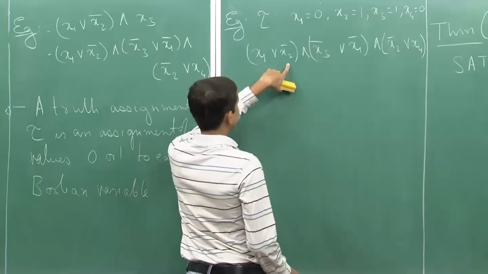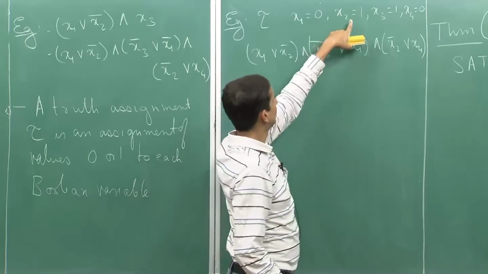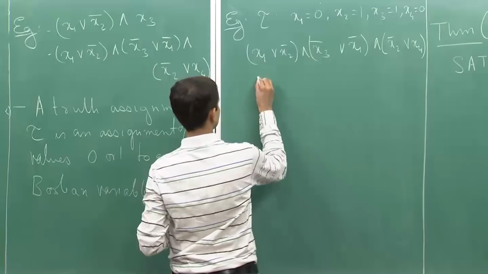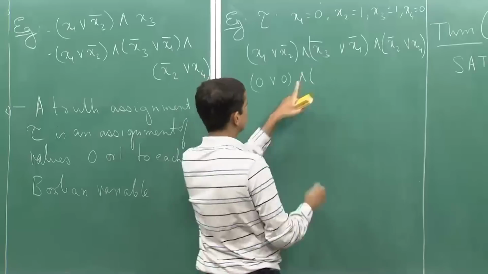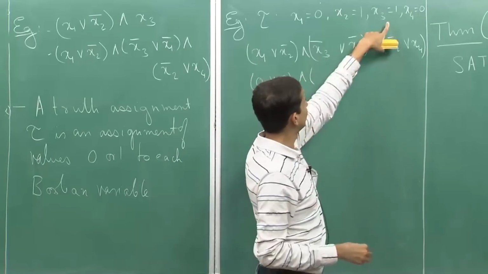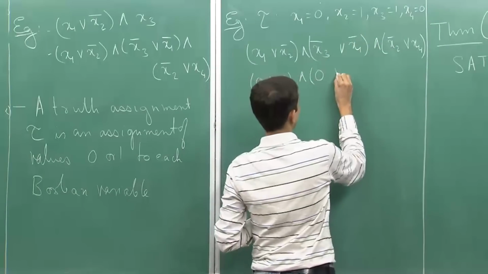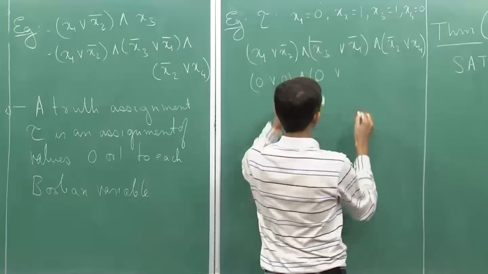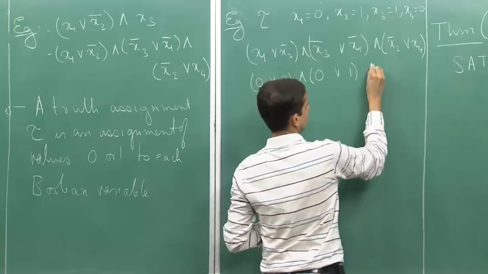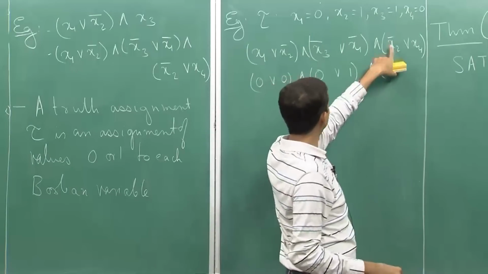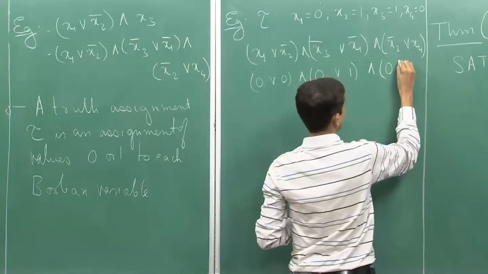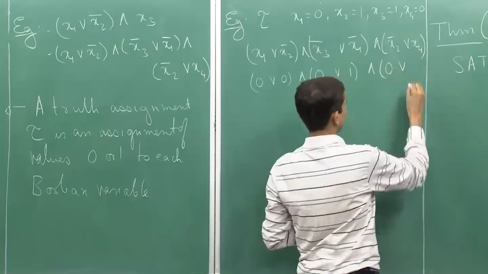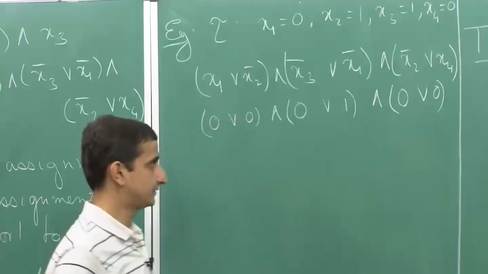So, x1 is 0, x2 is 1, so x2 bar will be 0. So, this is 0 or 0. With x3 bar is 0, x1 bar is a 1, x2 bar is a 0 and x4 is a 0, lot of zeros.